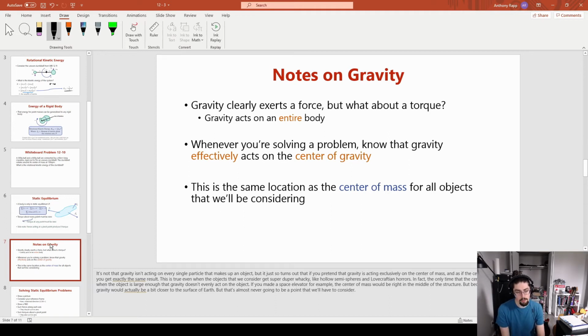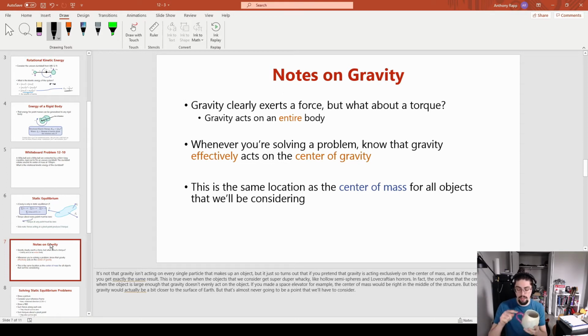But I have brought it up once or twice that 9.8 meters per second squared downwards is not actually a universal constant. Even if it has a non-uniform density, all of these things still apply, right? It doesn't matter because this mug does not have a uniform density.